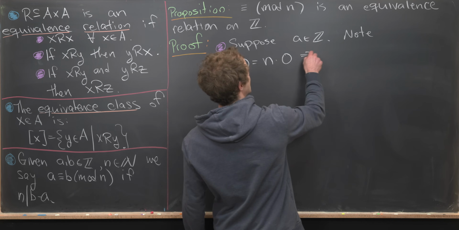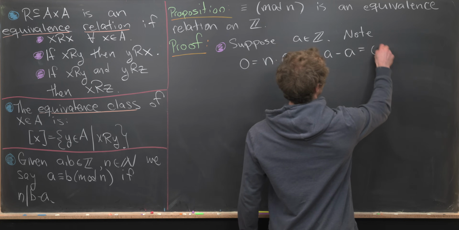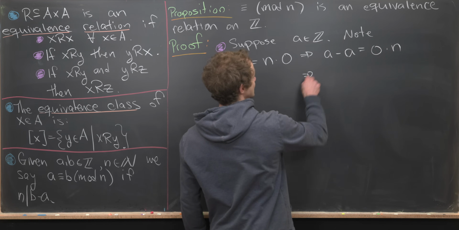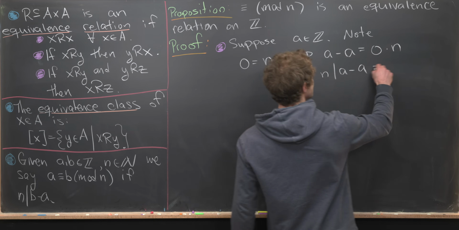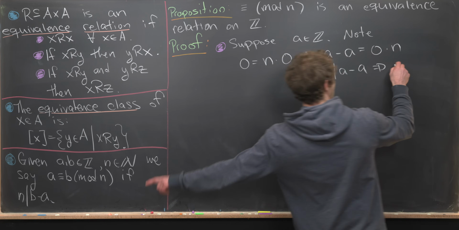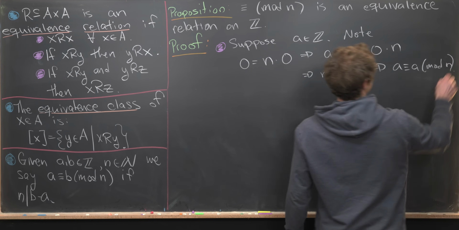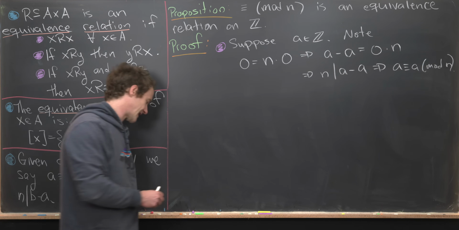But we can expand this out to say that this means that a minus a equals 0 times n. But this is the definition of divisibility. This means that n divides a minus a. But n dividing a minus a implies that a is congruent to a modulo n. Okay, so we've shown that congruence modulo n is reflexive.